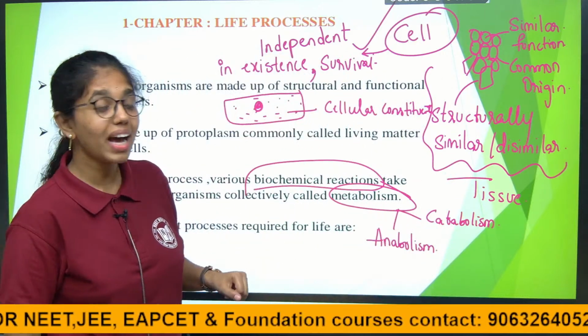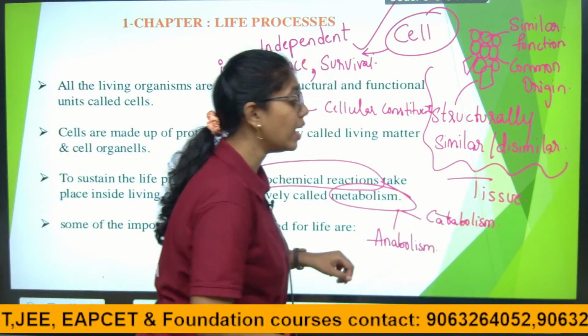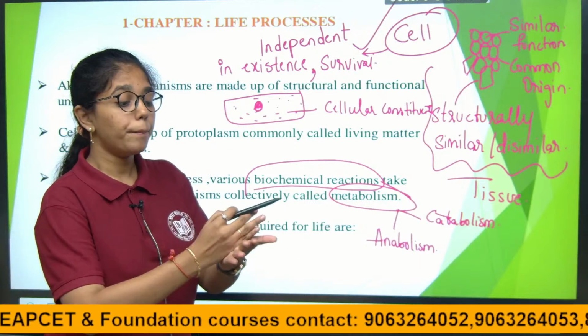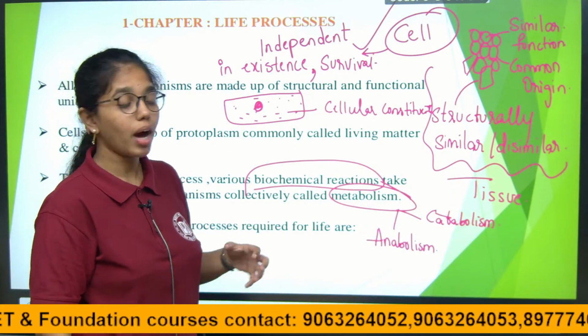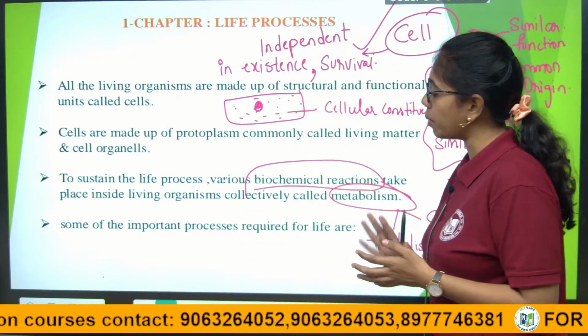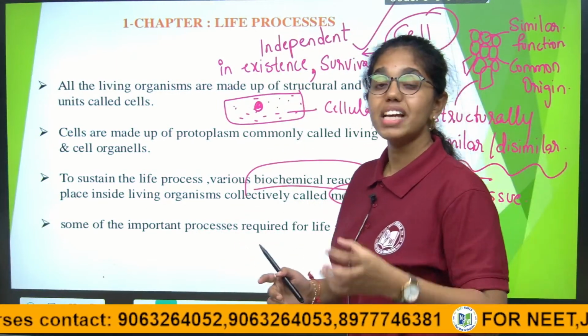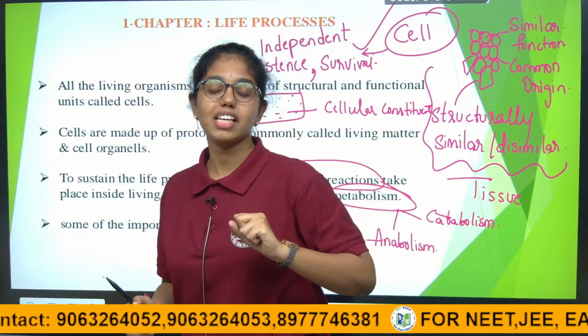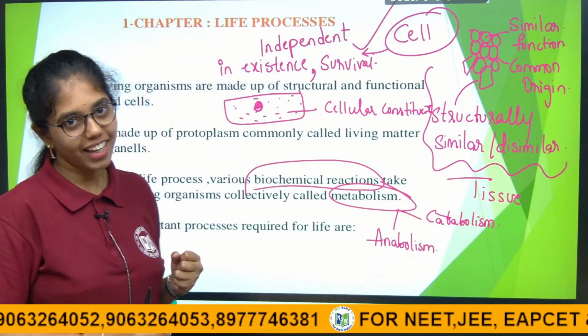Anabolism means what? Synthesis of food. Catabolism means what? Breakdown of food or any macromolecules. Both activities include biochemical reactions which take place in every living cell. We call them metabolic reactions.